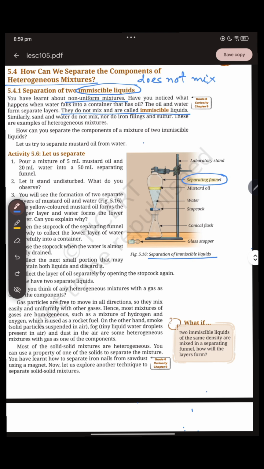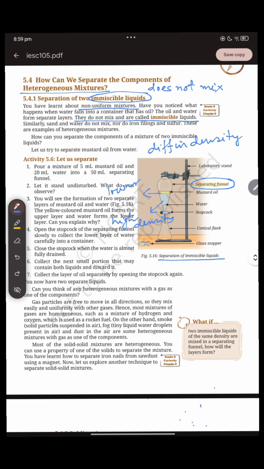The one which has higher density will be at the bottom, and the one which has lower density is at the top. This is how they are separated.